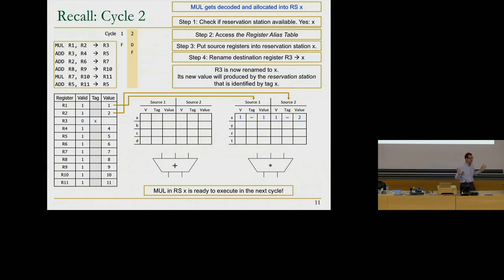You can give it any name. It doesn't have to be the reservation station ID. It could be the reorder buffer entry ID. It just needs to be a unique identifier that enables the communication of this particular instance of R3, after it's produced, to all of the dependent instructions that need that particular instance of R3. Okay?